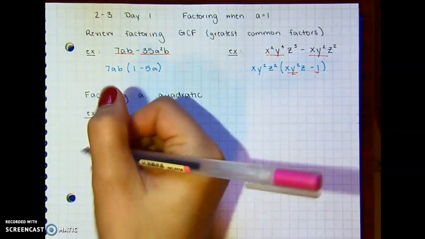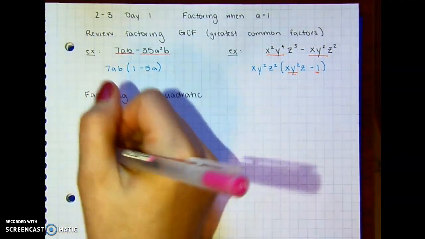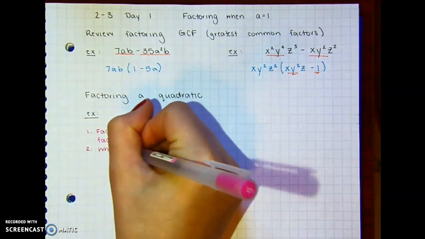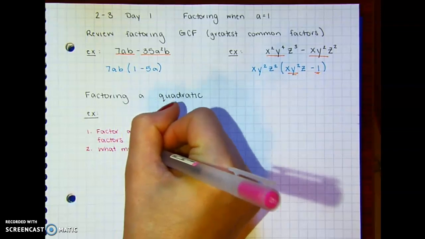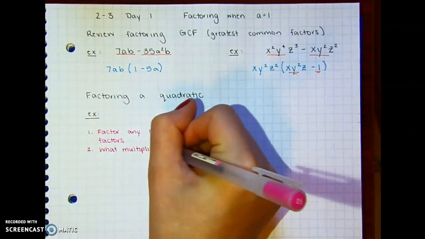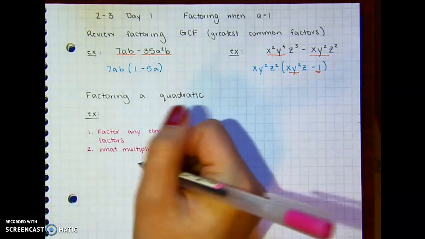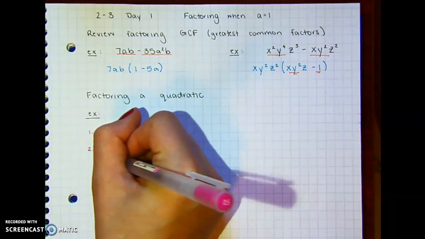The second thing you want to do is ask yourself what multiplies to a times c and adds to equal b.